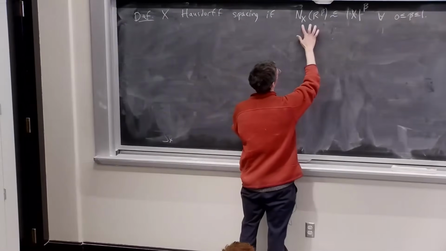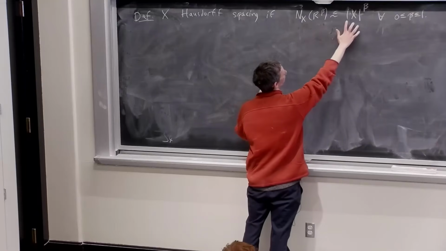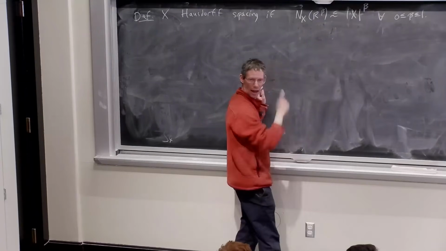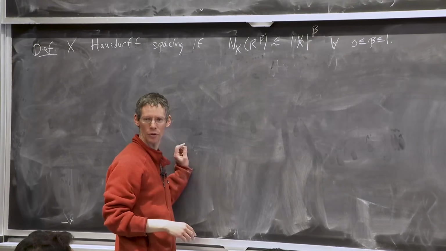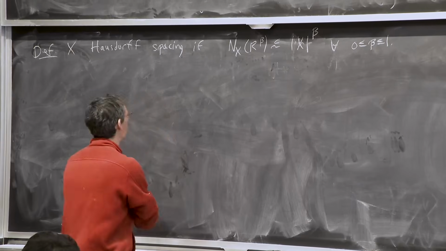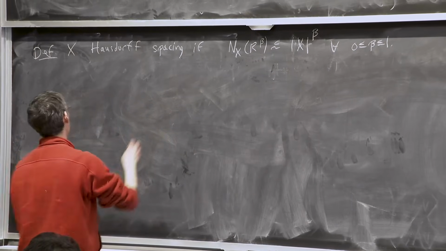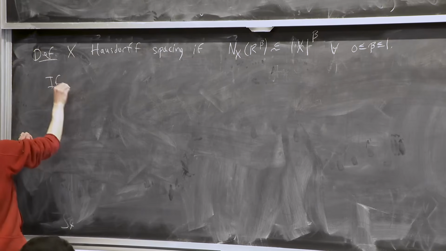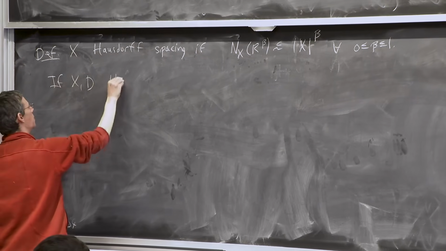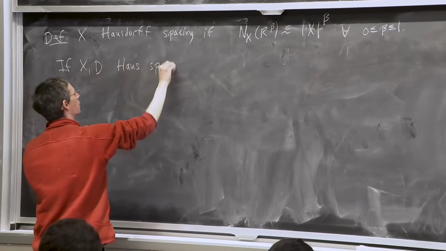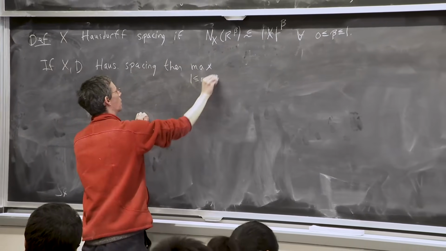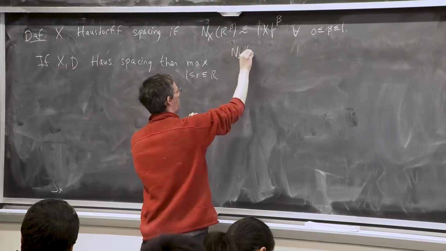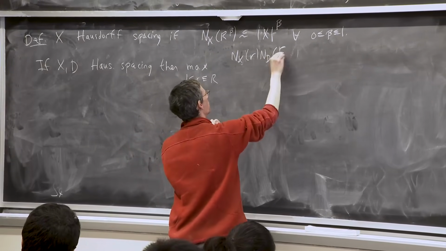OK. So the Hausdorff spacing is a bound on nx of little r in terms of the size of x that looks like this. And I coined the term Hausdorff spacing because it sort of comes up naturally when you talk about Hausdorff measures and things like that. And it's useful in our setting because if x and d have Hausdorff spacing, then when you take the maximum of actually many expressions, but the one that comes up for us here is this.